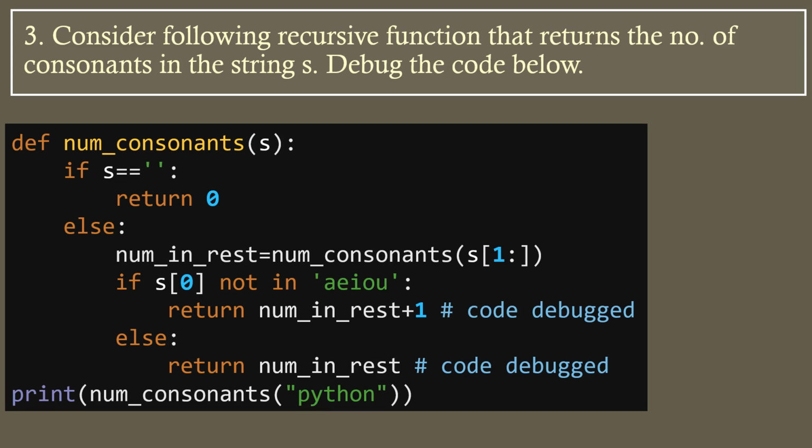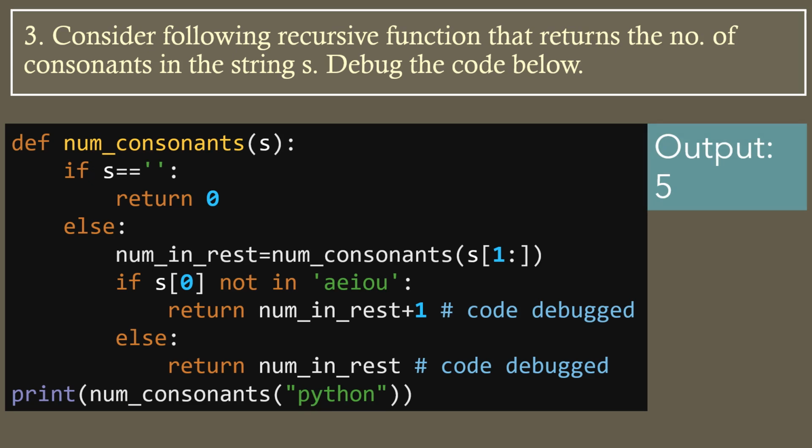Okay, so like this the recursive call is made, and by the end of the execution you'll count the number of consonants present in the string. So we are calling this function num_consonants with the string Python, and now you can see the output is 5 because there are 5 consonants present in the string Python.